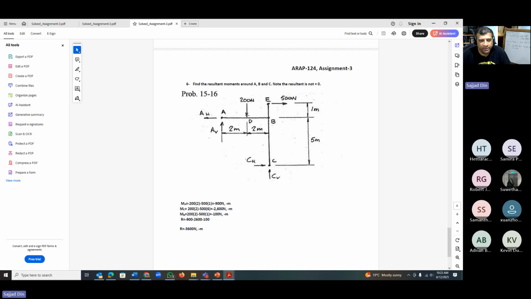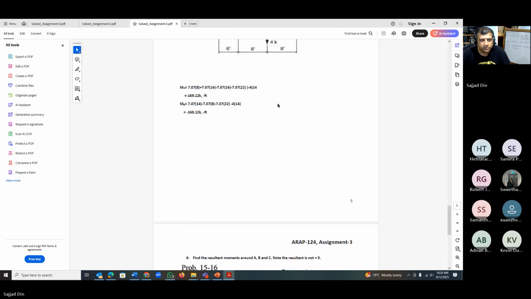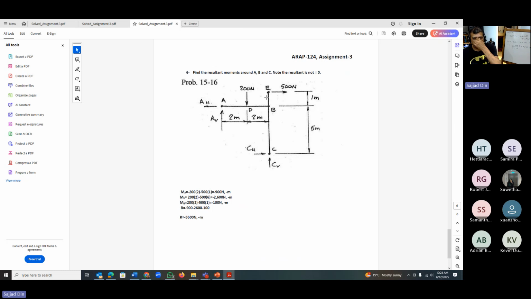So around A, it's going to be 200 times 2, and it's in a negative. Around A for 5, it's 500 times 1. So you can see that's how that's been solved here. And do the same for MC and B. And you can then find the resultant moment. You add all 3 of them.